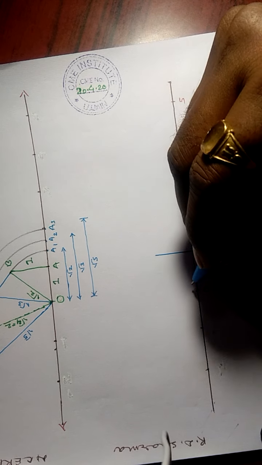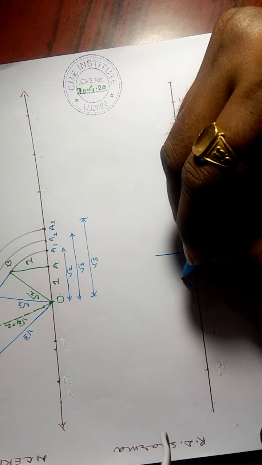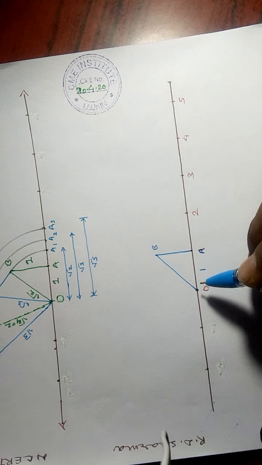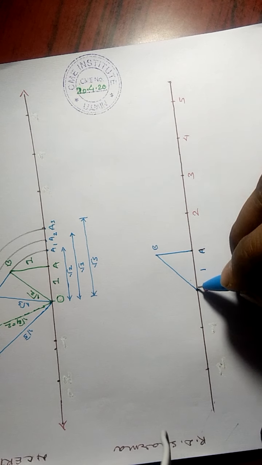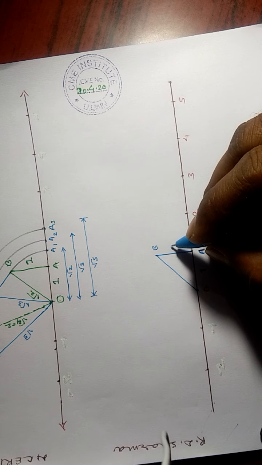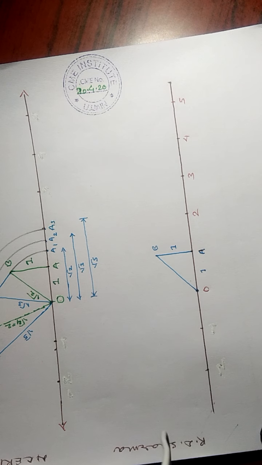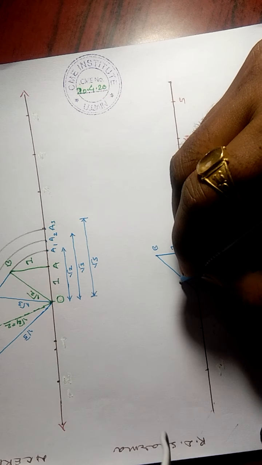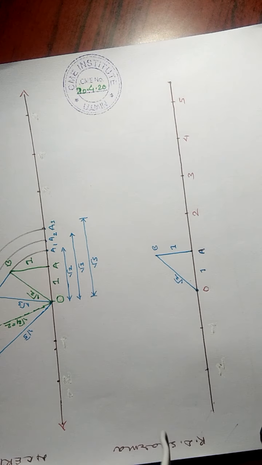Now join these points, you will find another triangle OAB. If OA is equal to 1 centimeter, AB is equal to 1 centimeter, so this OB will represent your root 2.